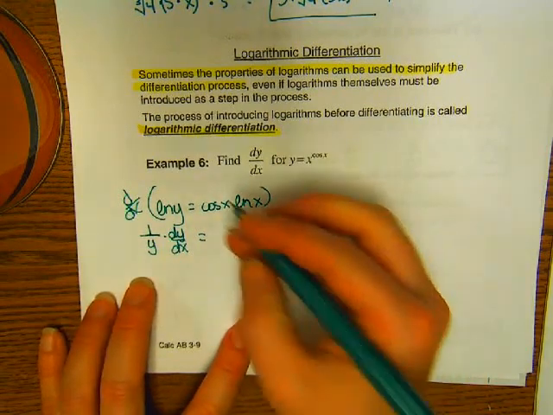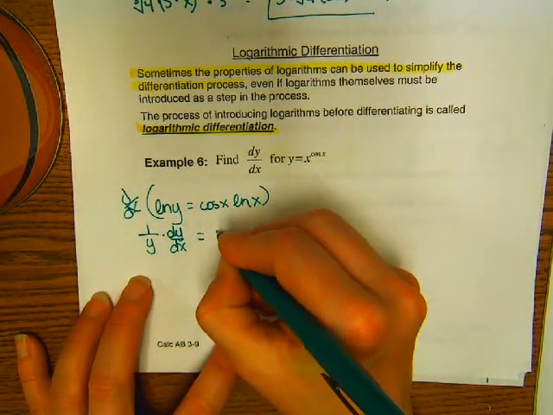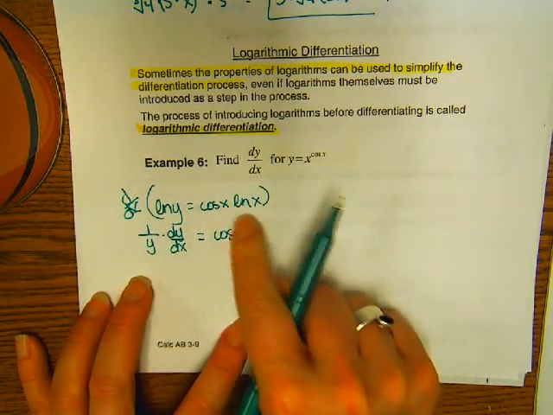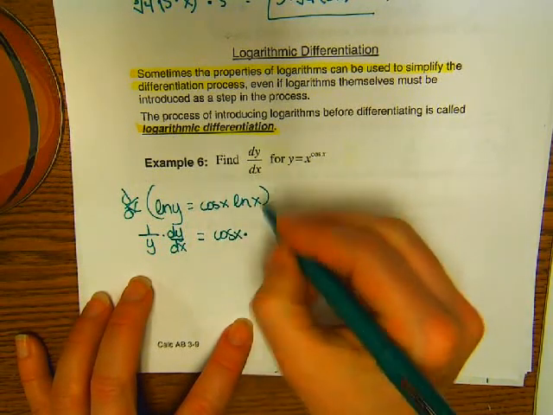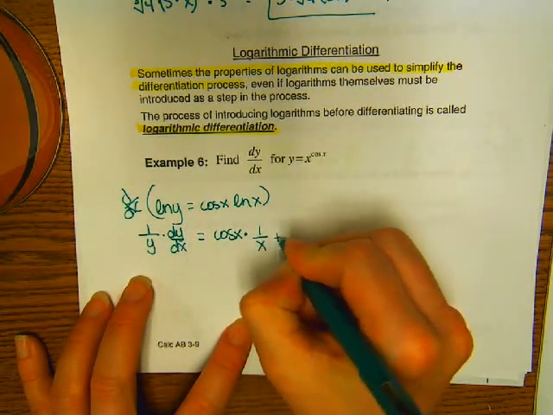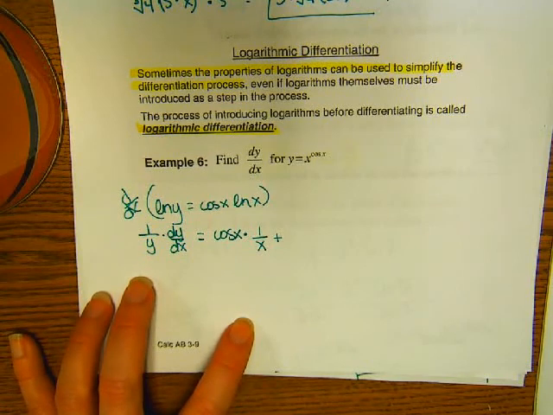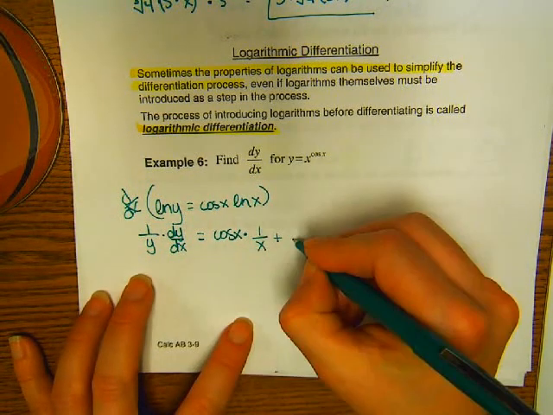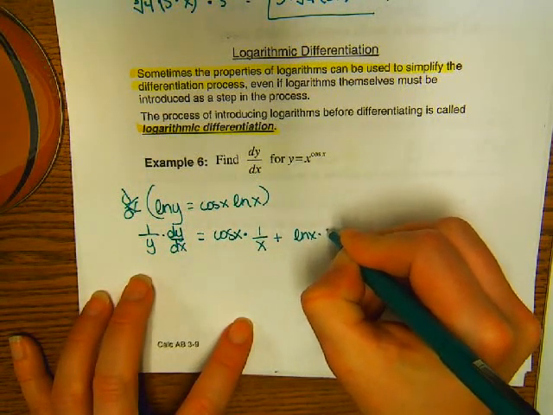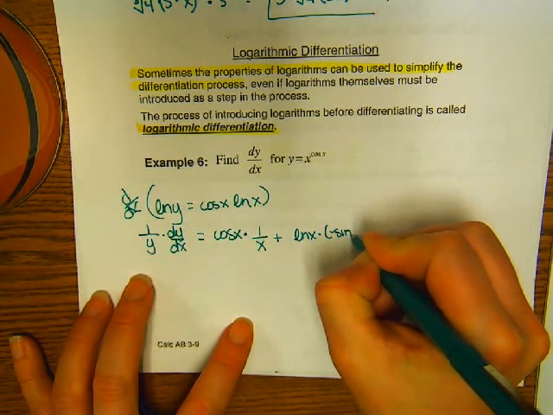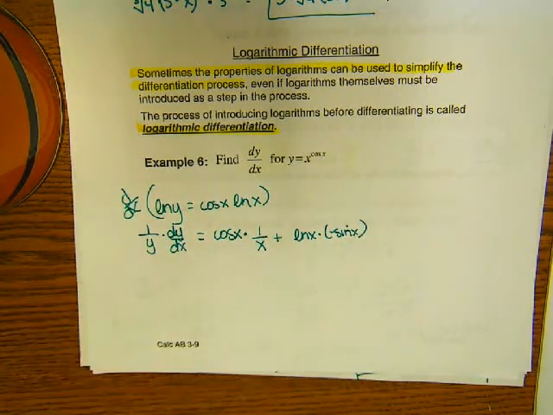Cool. This is fun. First d second, we're going to write cosine of x times the derivative of natural log, 1 over x, plus natural log of x times negative sine of x. Good job, guys. This isn't that bad. Okay, now I just have to solve for dy dx.